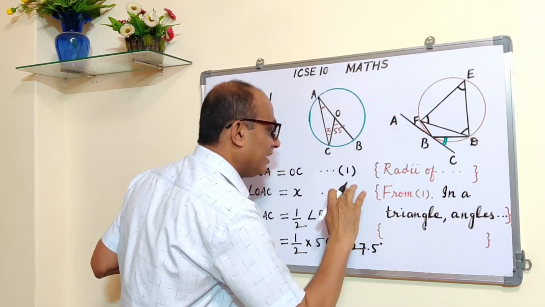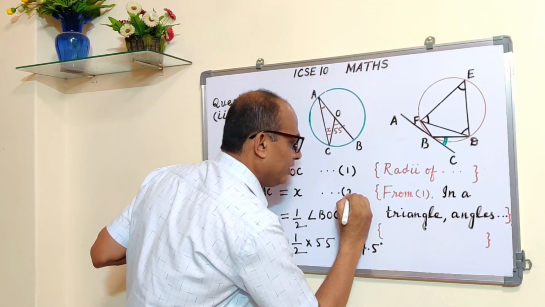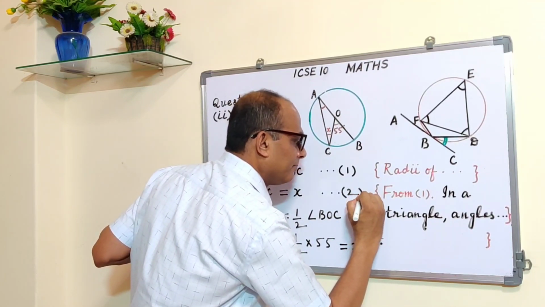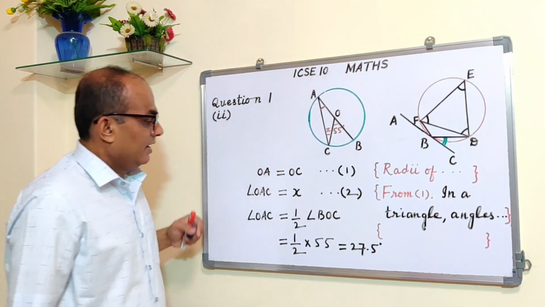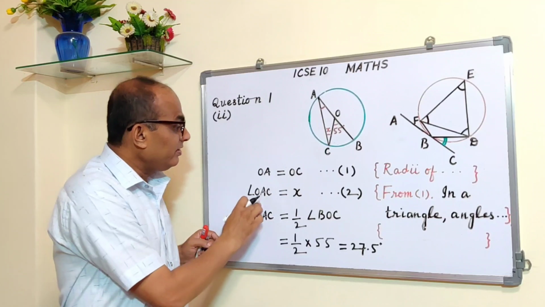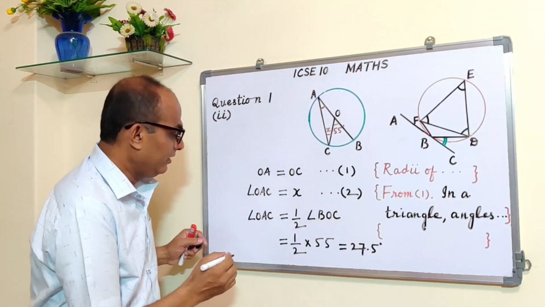Please understand. I know this is MCQ and we can do it directly, but if the same question is asked, suppose for 2 marks, then so we got angle OAC is equal to 27.5 degree. But angle OAC and x, they are equal. Therefore, x is equal to angle OAC, which is equal to this much.